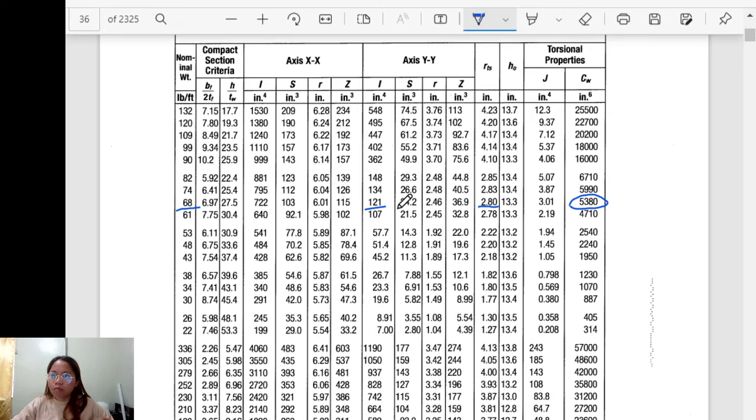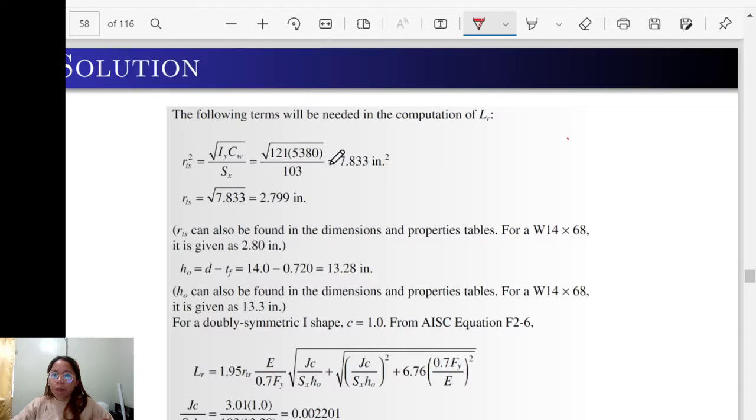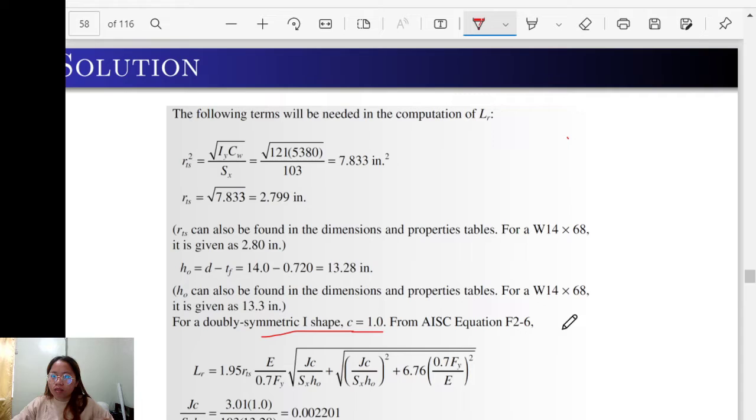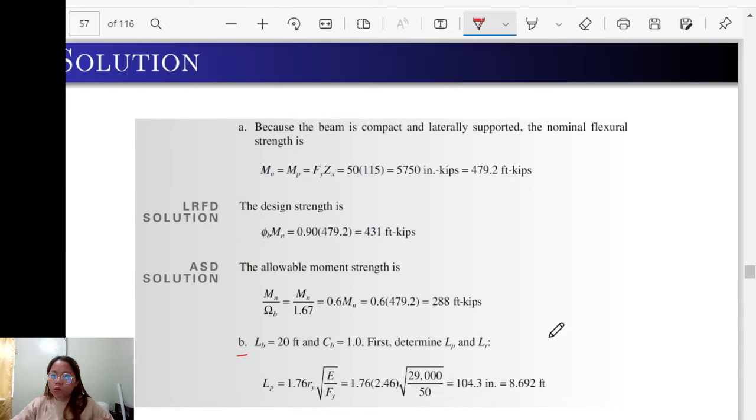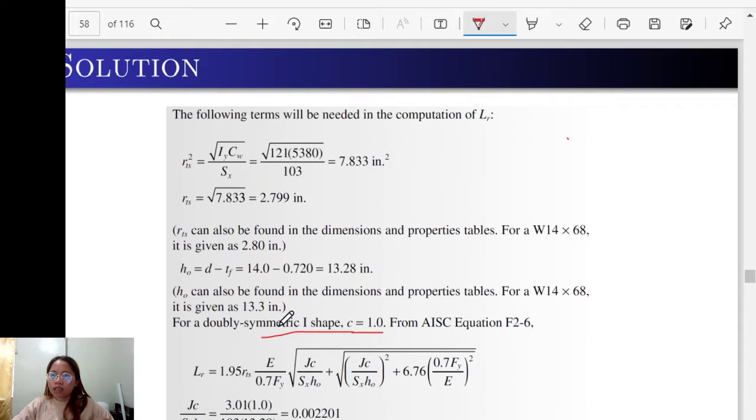If we look at the table, h sub o is equal to 13.3, no? Then for a doubly symmetric I shape, the value of c is equal to 1.0. This was introduced earlier, the value of c.